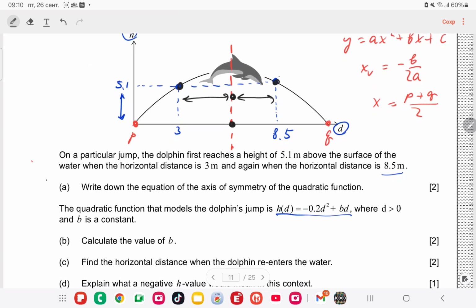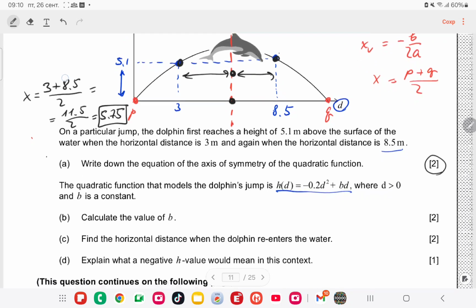That's how we find the axis of symmetry: x is equal to 3 plus 8.5 divided by 2. So it is 11.5 divided by 2, which is 5.75. The answer is 5.75, and there are 2 marks.